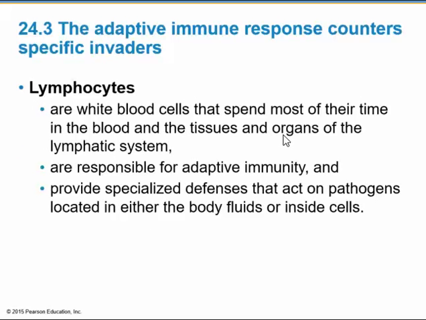Now, the white blood cells responsible for adaptive immunity are lymphocytes. Lymphocytes are found throughout the body, in the blood and in the lymphatic system, and they provide specialized defenses.